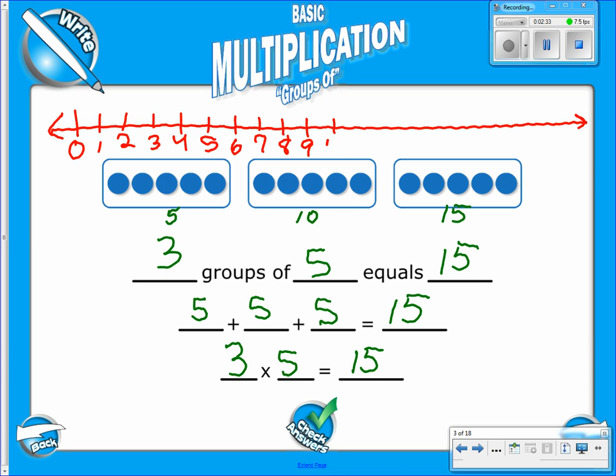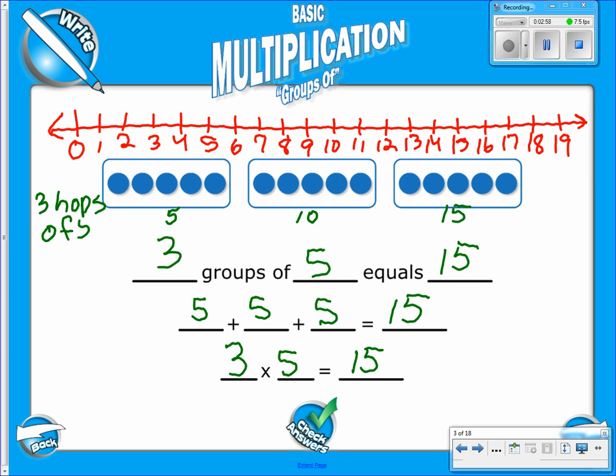I'm just drawing the number line and spacing my numbers out so that they can read it. Since I have 3 groups, this is like saying that I have 3 hops of 5. I'm going to hop 3 times, and each time I'm going to hop 5.